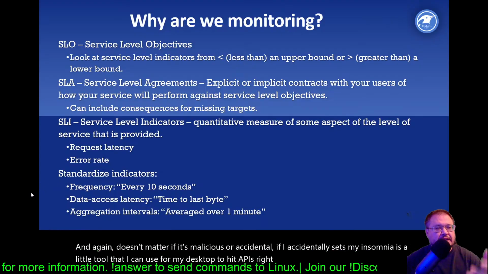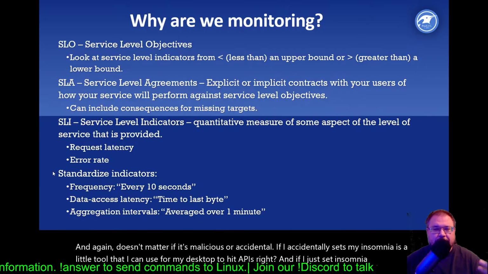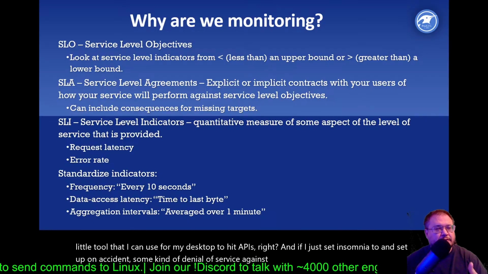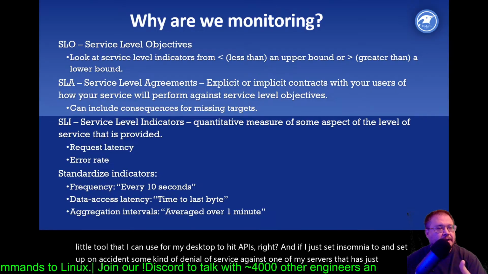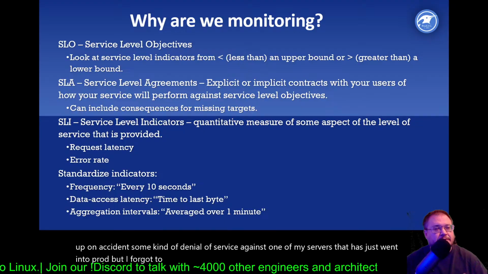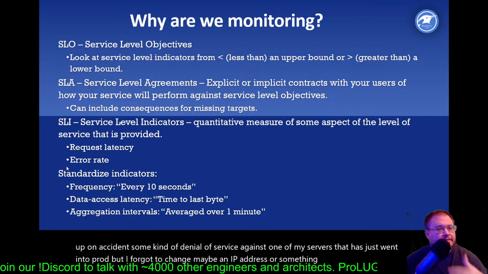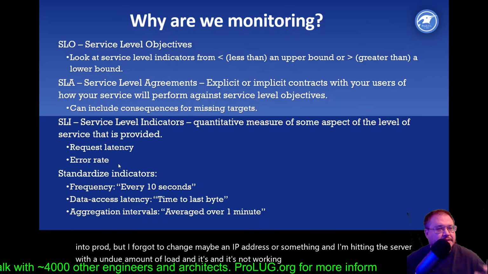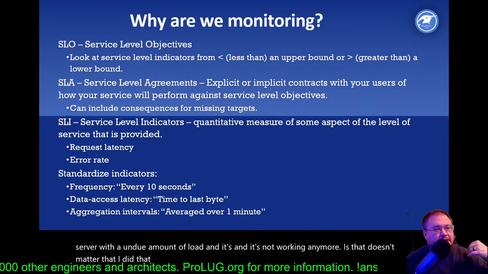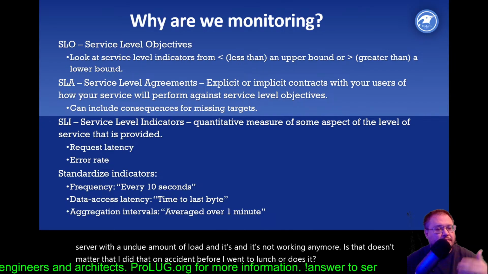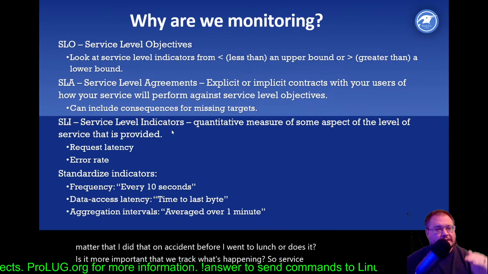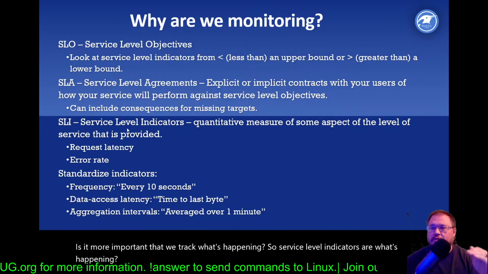If I accidentally set up some kind of denial of service against one of my servers that has just gone into prod, but I forgot to change maybe an IP address or something, and I'm hitting this server with an undue amount of load, and it's not working anymore, does it matter that I did that by accident before I went to lunch, or is it more important that we track what's happening? So service level indicators are what's happening in the system, right? What do we want to track?